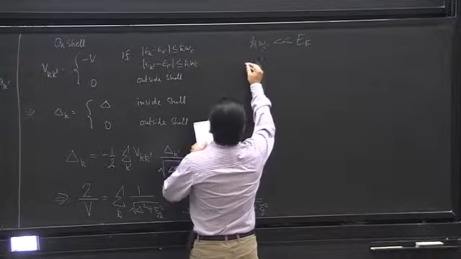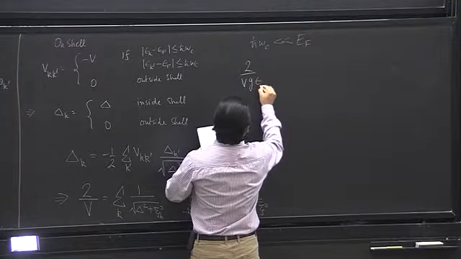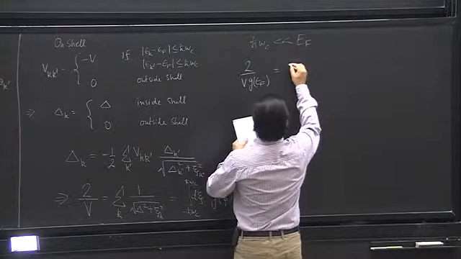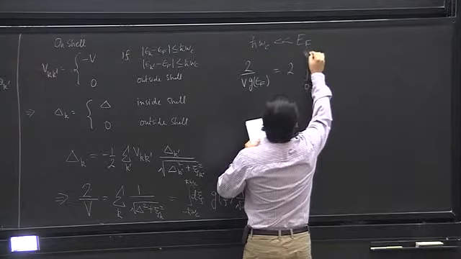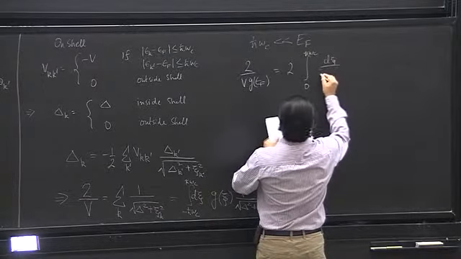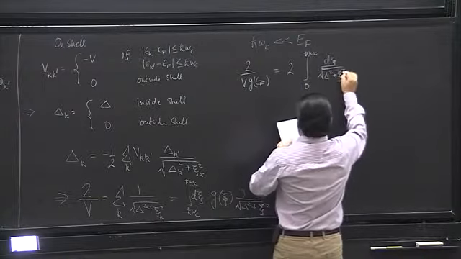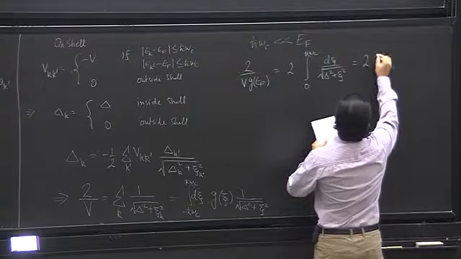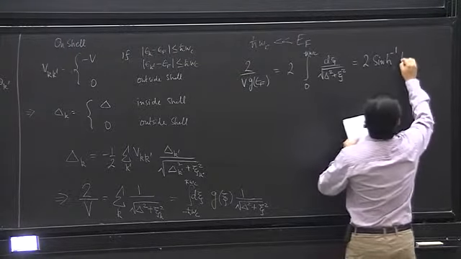So when we do all of this, what we will get is this integral. Now this integral can be done easily, and what we get is the inverse hyperbolic sine.